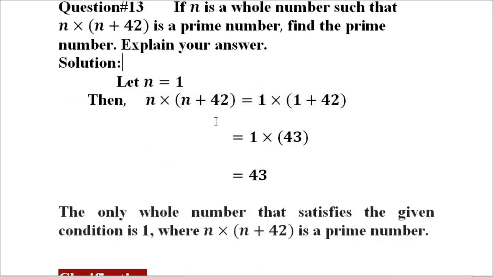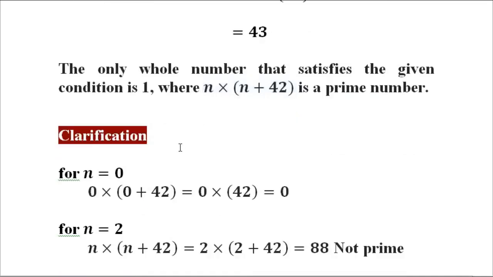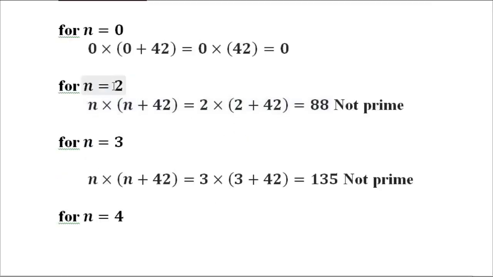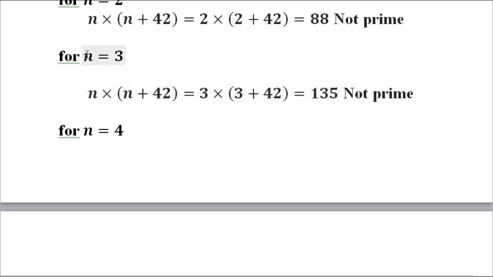I have checked the values of n for 2, 3, 4, 5, 6, 7 and so on. Only one can satisfy the given condition. Here is the clarification process. If we substitute n equal to 2, we get 88, a composite number, not prime. If we substitute n equal to 3, we get 135, a composite number, not prime.